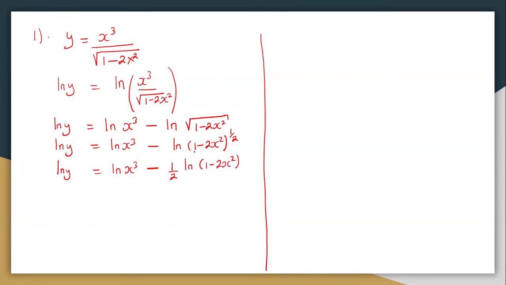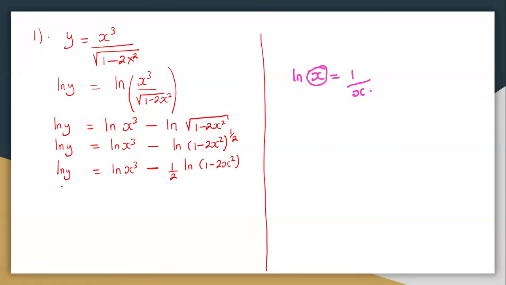Now, the moment you reach here, you go back and differentiate. Remember, we said that when I have a natural log of any function, let me say x, I differentiate what I have here, and then divide by what I differentiated.